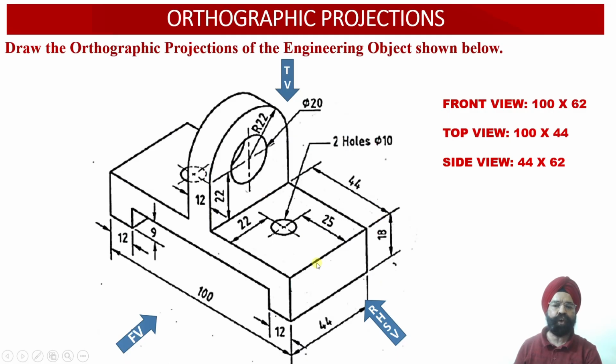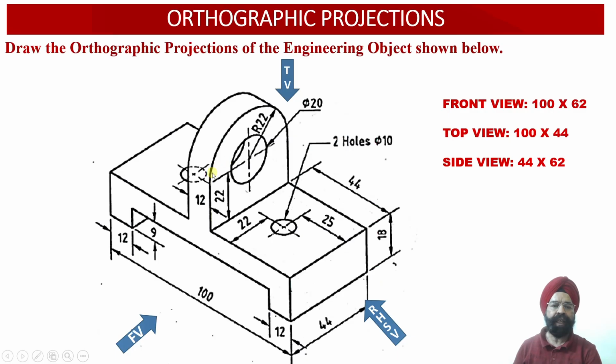Element number 1 is a horizontal web carrying a rectangular hole at the base of the horizontal web. Here the height of the horizontal web is equal to 18 millimeter. Then we have element number 2, which is a vertical web lying at the center of the solid. The height of this vertical web is equal to 22 millimeter up to the center point from the top surface of the horizontal web.